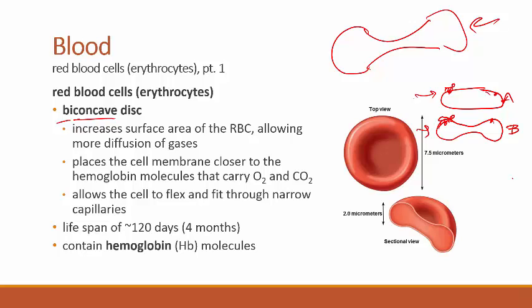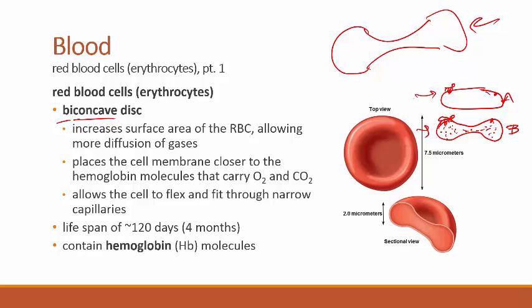So that means that the hemoglobin that is found inside, so now I'm drawing hemoglobin molecules, those hemoglobin molecules are all going to be closer to the membrane because of the biconcave disc shape. And that means diffusion is going to happen more quickly, and the hemoglobin molecules are going to pick up and release oxygen and carbon dioxide more quickly than they would if we didn't have this biconcave shape.